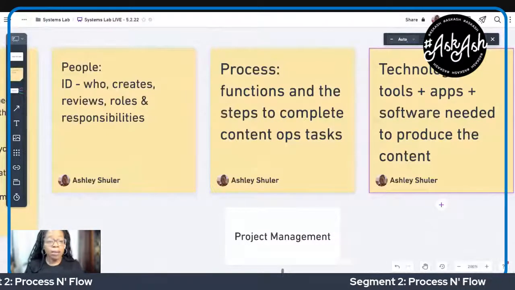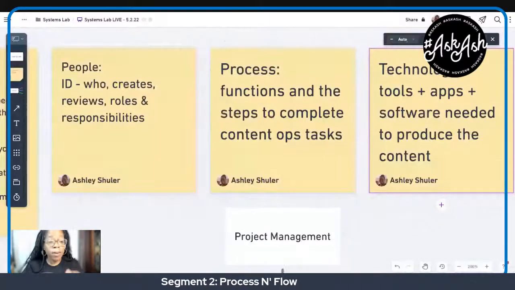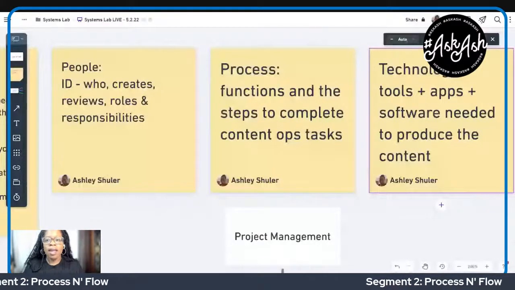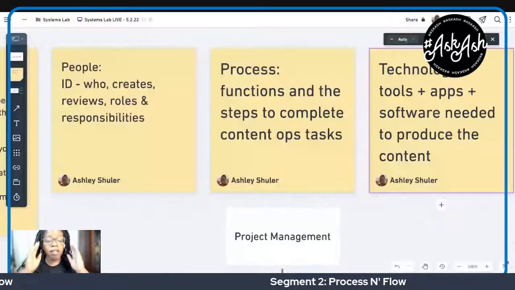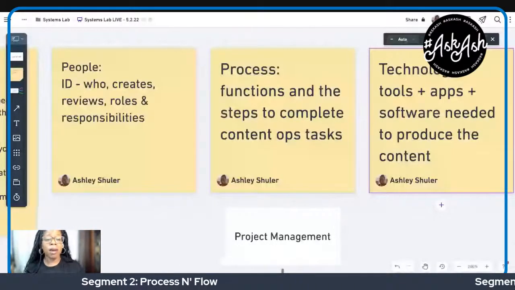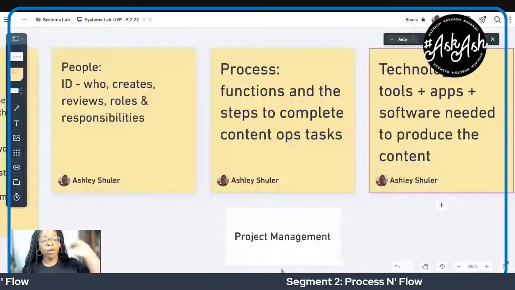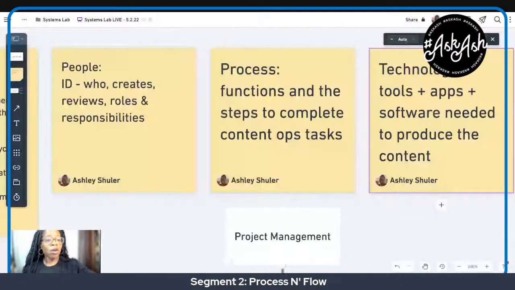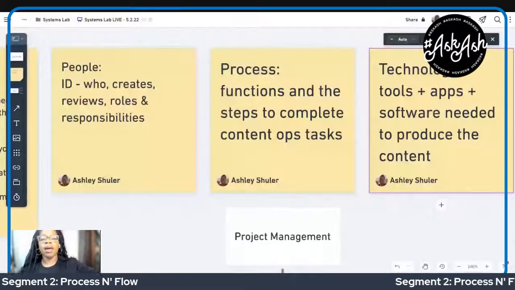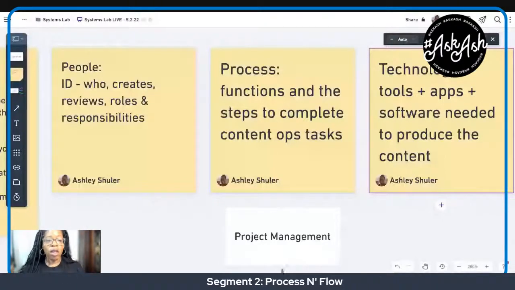Social Media Examiner, perfect, has a team. And this is just by sheer observation. I'm not even a part of Social Media Examiner, but I am looking at how they're producing blog posts, audio, podcasts, different types of social media content on their Instagram, Twitter, and all those other platforms.